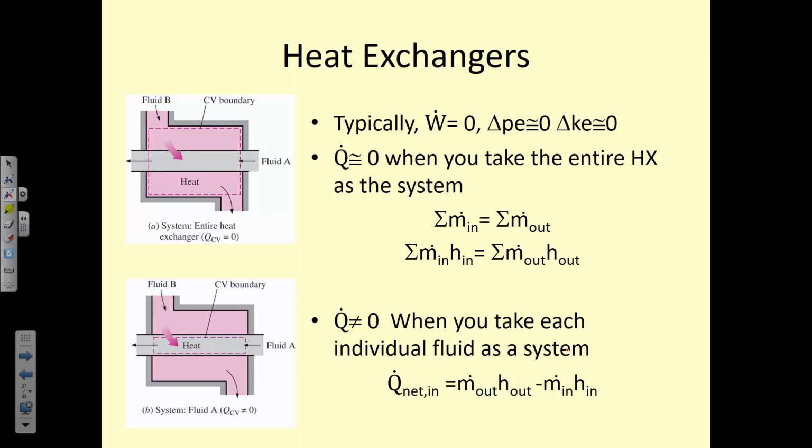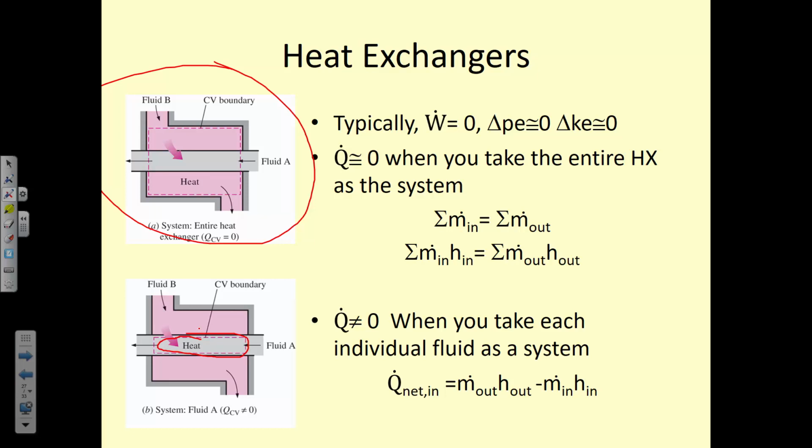Heat exchangers are different from mixing chambers because it's two distinct fluids and all they're doing is transferring heat from one to another. This is used to cool down a fluid or sometimes to heat up a fluid. When you look at the entire heat exchanger as your system, then you usually don't have any heat or work interactions. However, if you look at each fluid individually, then you most certainly will have heat interactions because there will be heat transfer crossing the boundary. That's the purpose of a heat exchanger.